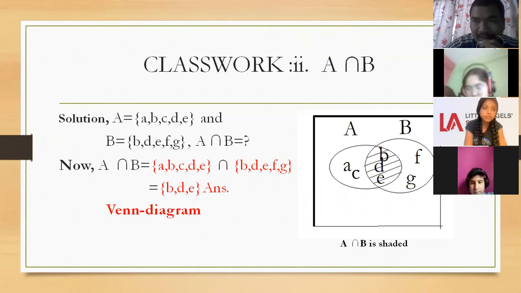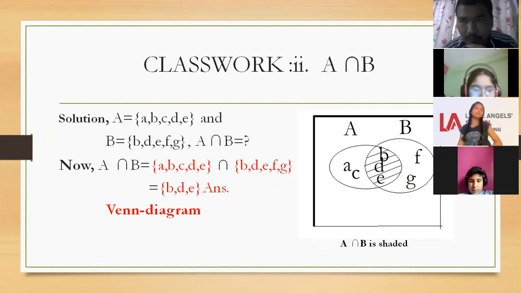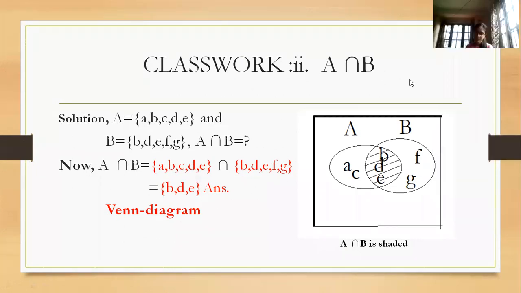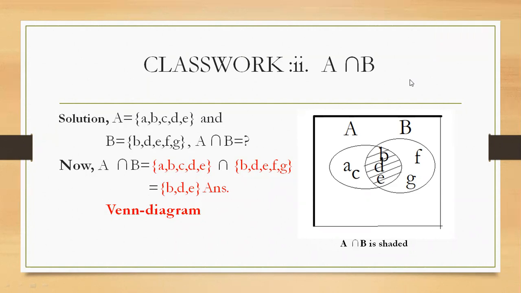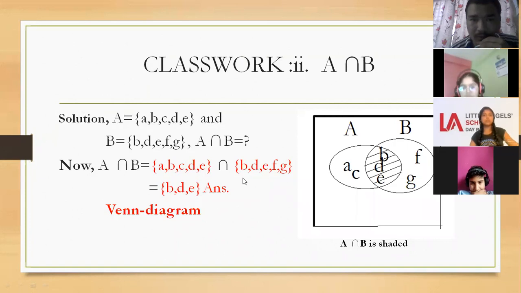I hope you are clear about this A intersection B also. Are you clear, Sarah? Yes, sir. And other children also please take part in class activities. Sahaj, Arya, Prajol, Nebisa, others also, please take part in class activities. Okay, children? Yes, sir.